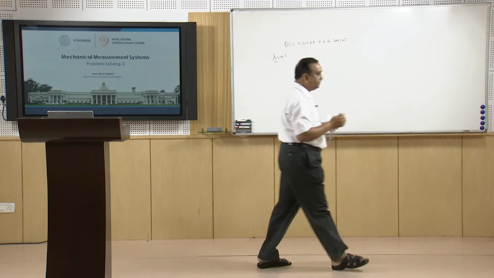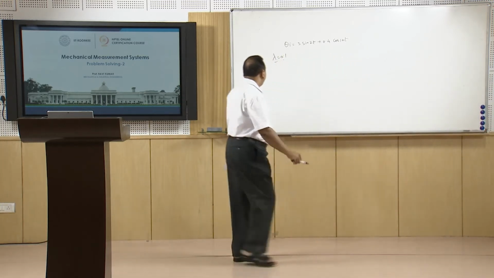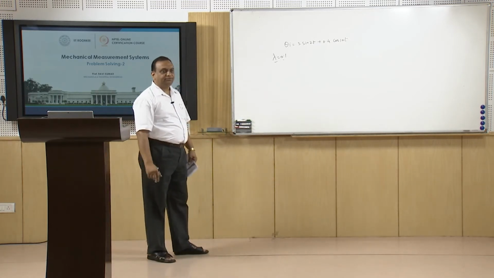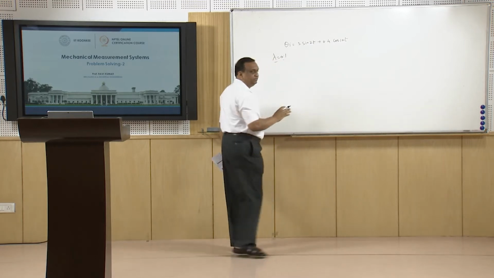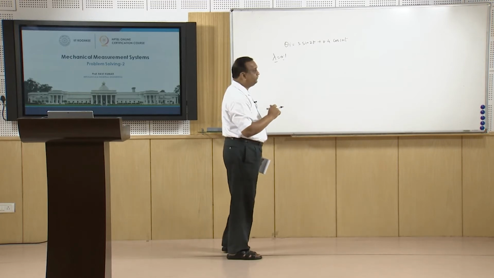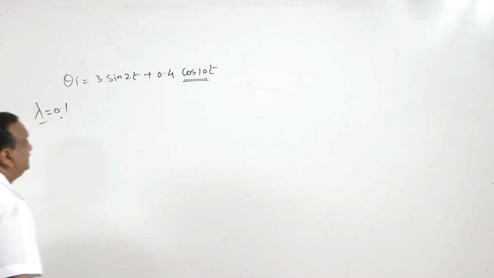So a first order system is being used for the measurement, and we have to derive the equation for the response of the instrument. First of all, when we do this first order analysis of this type of input, cyclic input, we use only sine equations.